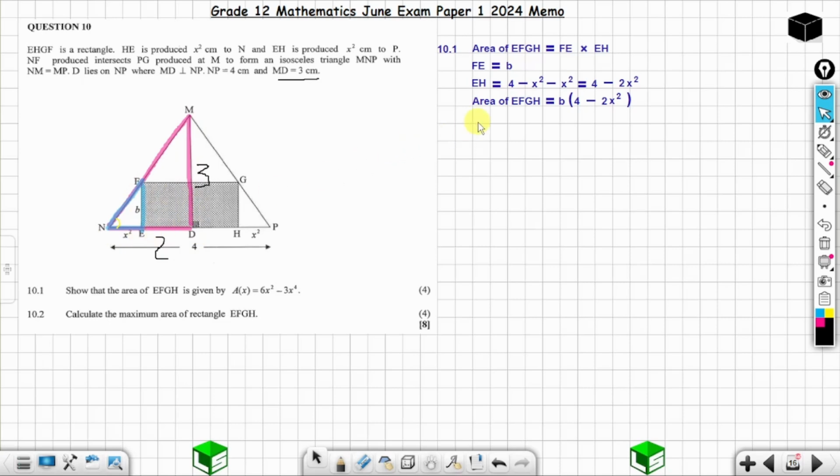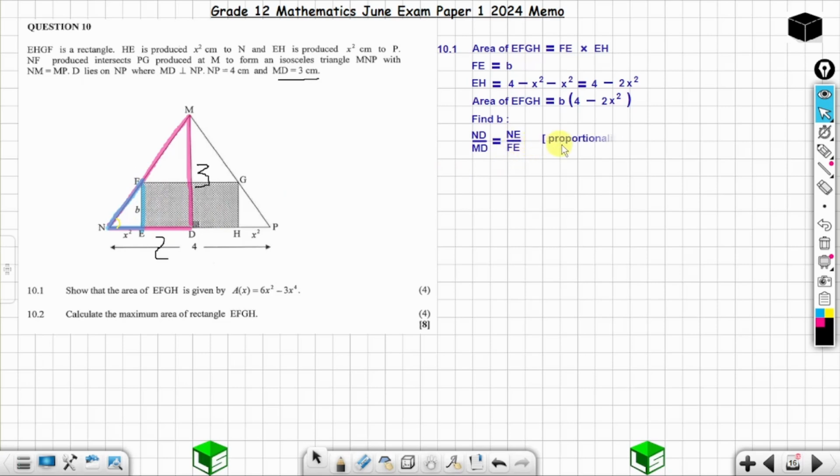Let's find B. ND goes with NE over MD, and MD goes with FE.